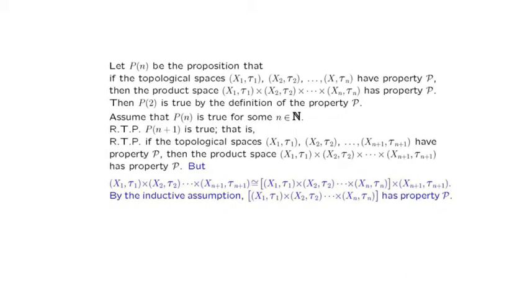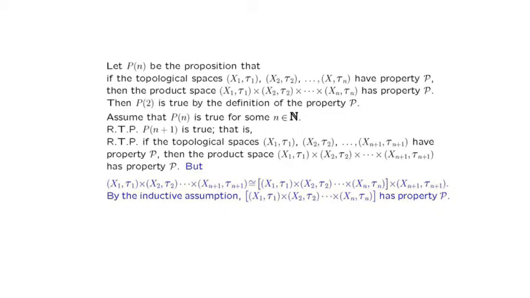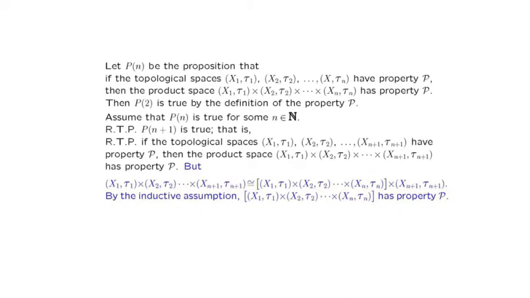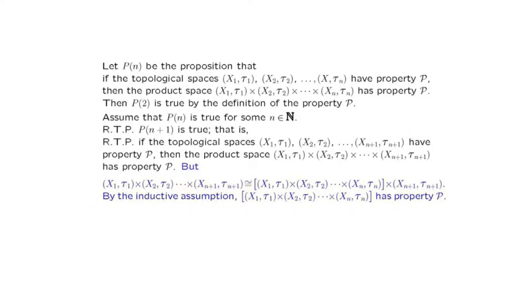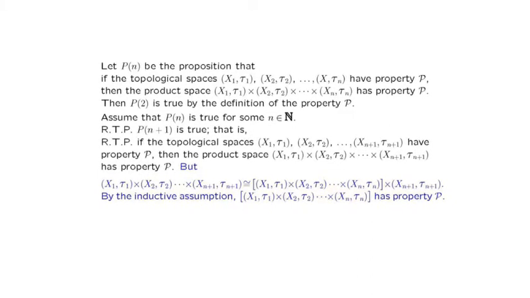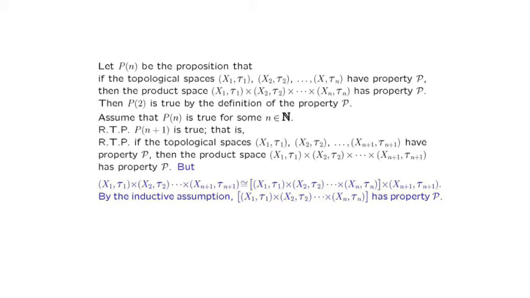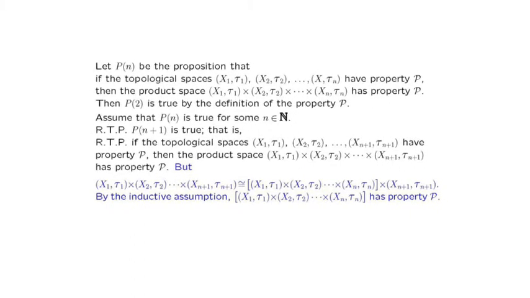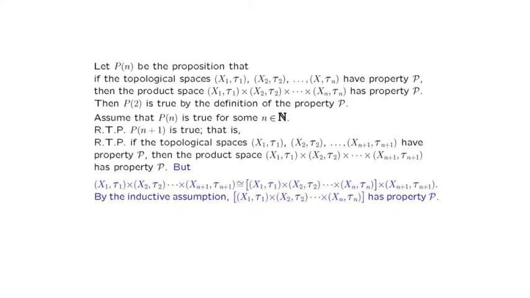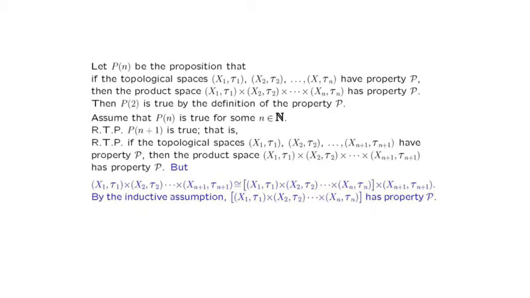But what is the product X1, τ1 cross X2, τ2 all the way up to Xn+1, τn+1? It's a product of two terms, where the first term is the product of the first n spaces, and the second term is the n+1 space.